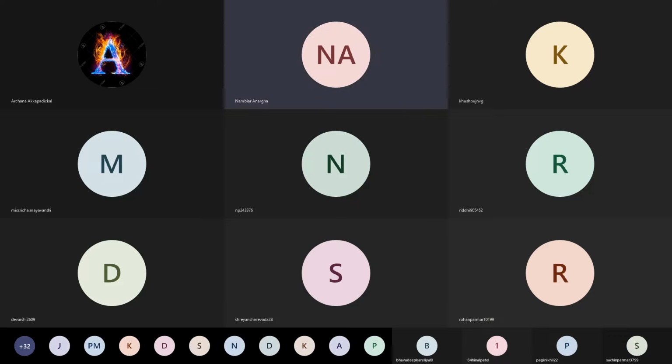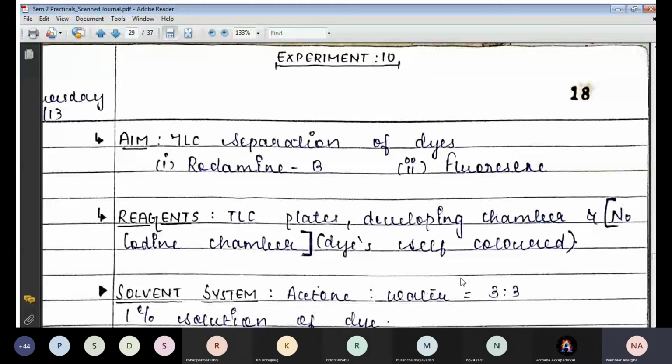Archana, I cannot hear you. Is it visible? Yeah, it is visible, but please share that scanned journal. Okay, please. Is it visible now? Oh, yes, it is.